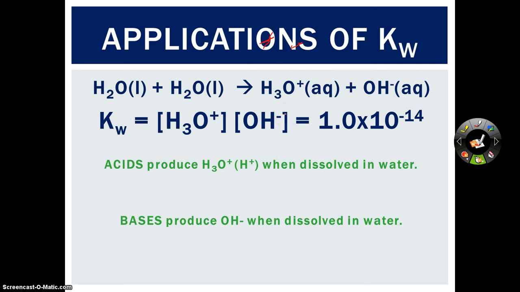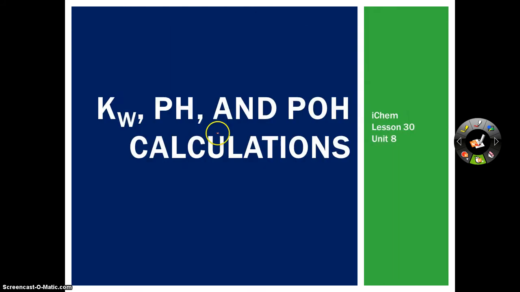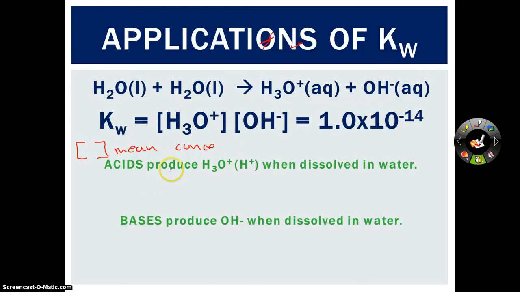Always, always, always for water, the two concentrations, this is somewhere later in your notes, but you kind of need to know now, the brackets mean concentration, and the units are molarity.